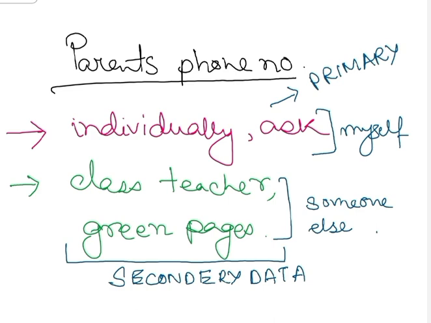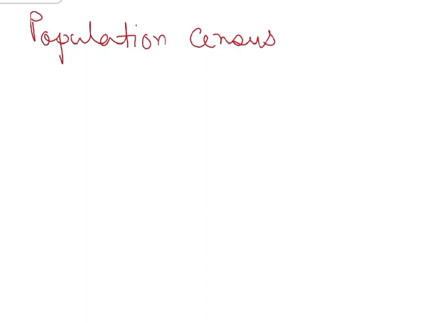So let's take some examples now to understand. In social science, you must have heard a topic called population census. Now what happens in population census?